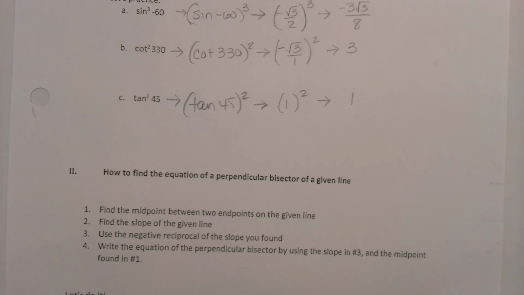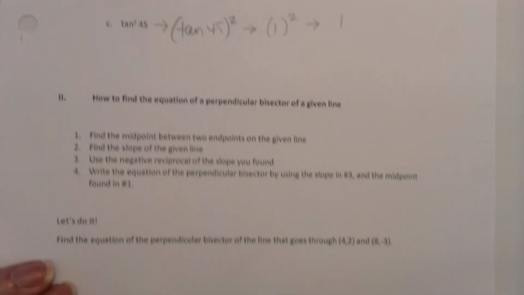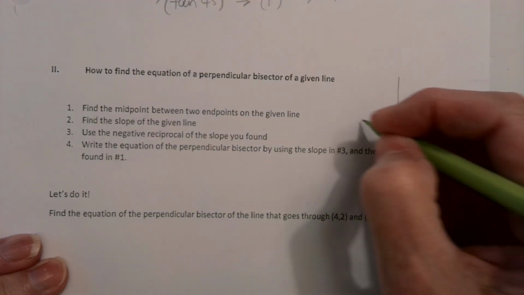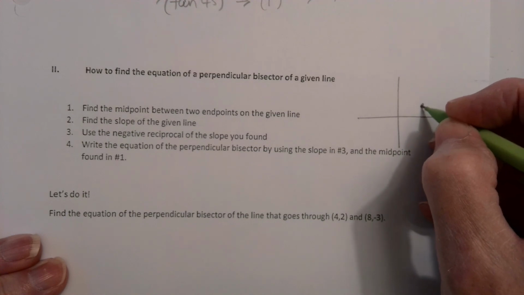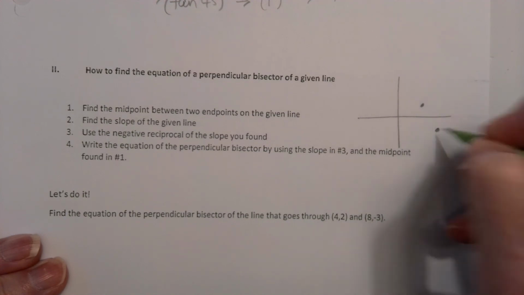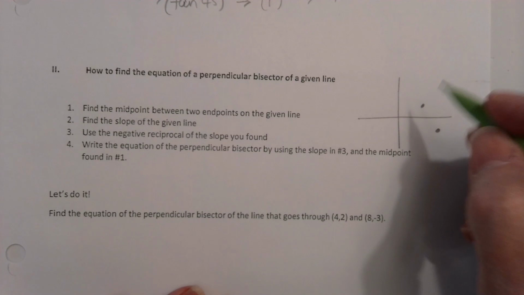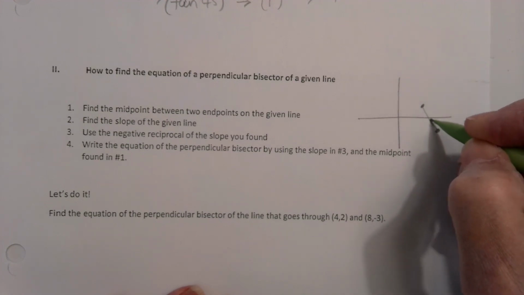So, like down here where it says find the equation of the perpendicular bisector of the line that goes through 4, 2, and 8, negative 3. Now, this is a rough sketch. But 4, 2, and 8, negative 3. Let's say those are my points. And I want the equation of the perpendicular bisector of the line that goes through this. So, I've got a segment.